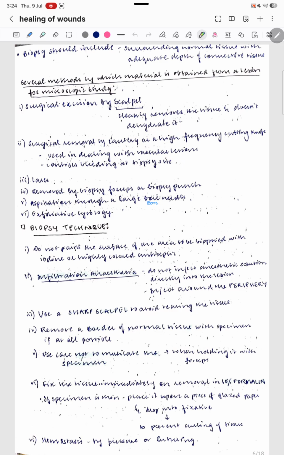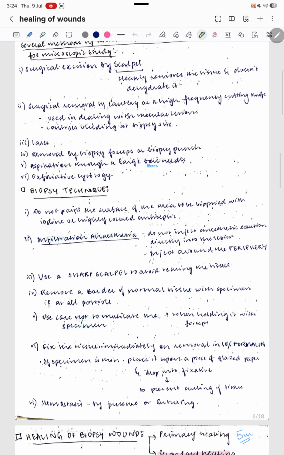It is basically a blade which slowly and carefully cuts a small piece of the damaged tissue. Then surgical removal by cautery or a high frequency cutting knife is used in dealing with vascular lesions or controlling bleeding at the biopsy site.